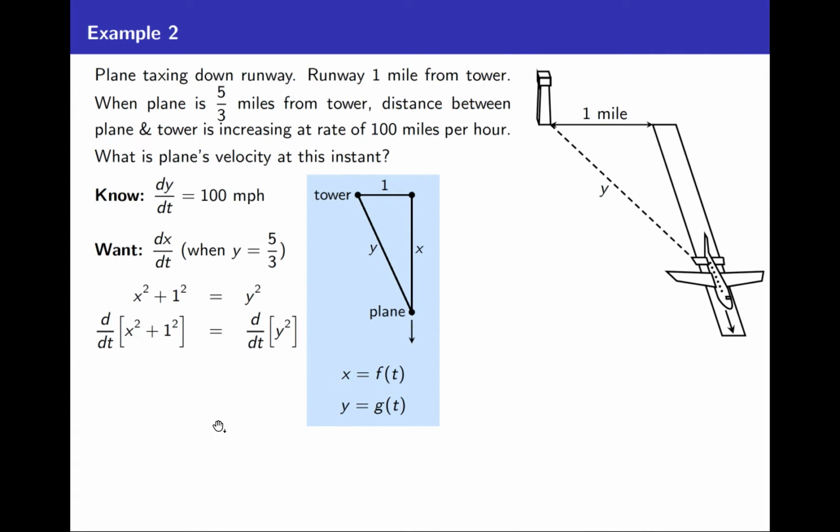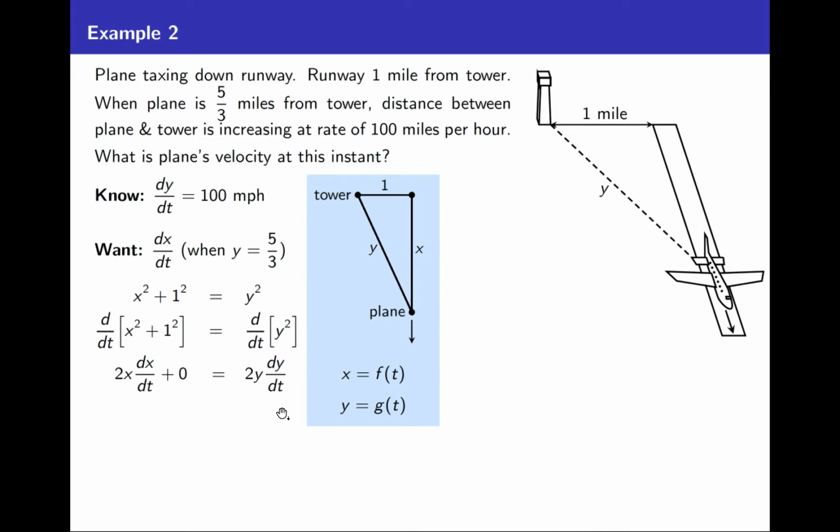That would be 2 times the function f of t times f prime of t, 2 times x times f prime of t, or let's write it as 2 times x times dx/dt, and then plus the derivative of 1 would just be 0. Equals, on the other side, we have d/dt of y squared, and remember, y is g of t, so we have to use the generalized power rule here. We get 2 times g of t times g prime of t, or rather, 2 times y times dy/dt.